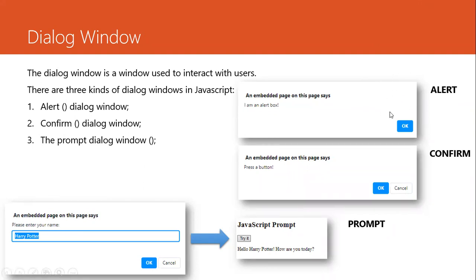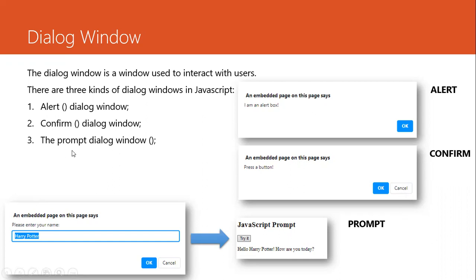When using an alert, there is just one button, just the OK button here. But when using confirm, it will show two buttons. So we can choose to click OK or Cancel. For confirm, if you want to confirm, you click OK, or if you don't want to, you can click Cancel.